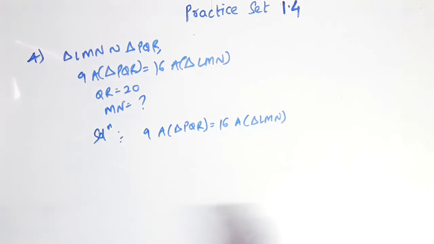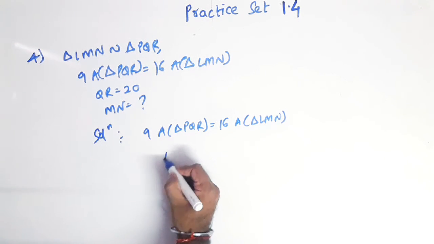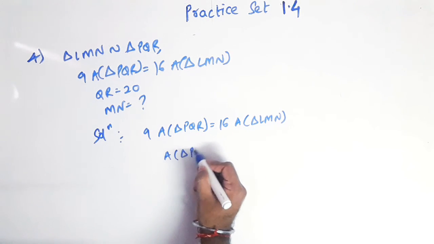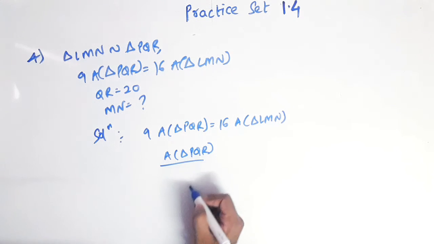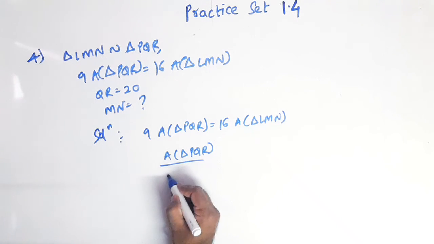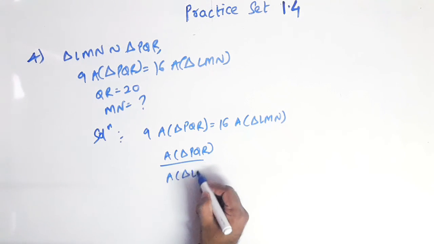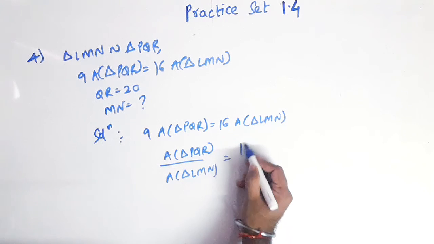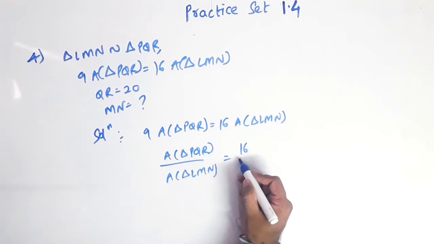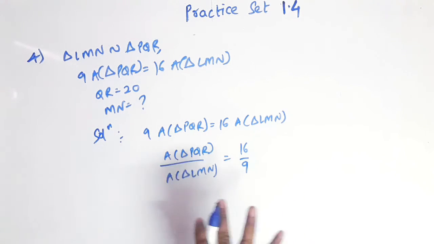So I have to find MN where QR is given. So what I'll do, area of triangle PQR I'll keep here, this I'll bring below, area of triangle LMN. 16 remains here, 9 will move below. So we got the ratio of areas of triangles.